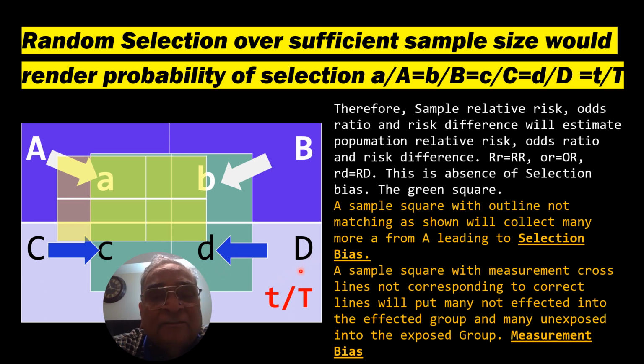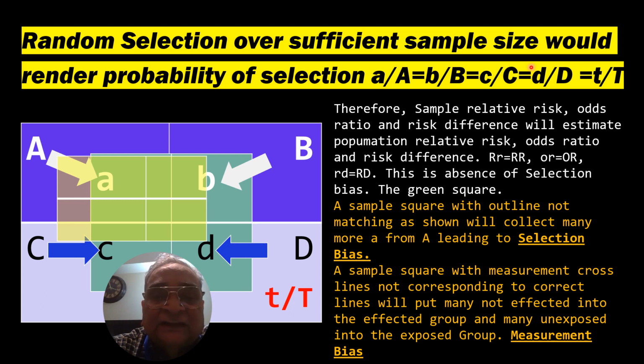And all these ratios, a upon A, b upon B, c upon C, d upon D, will be equal to the sample size total upon the total population of that particular problem. So this equal probability of selection of all units in the source or target population is achieved by random selection over sufficient sample size.